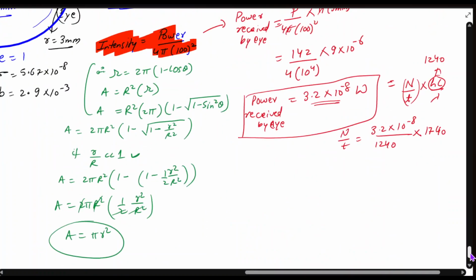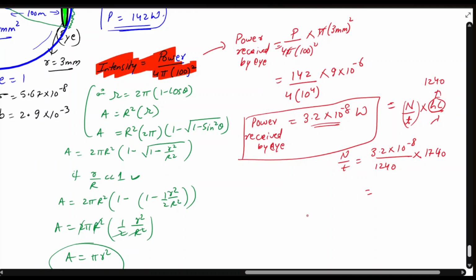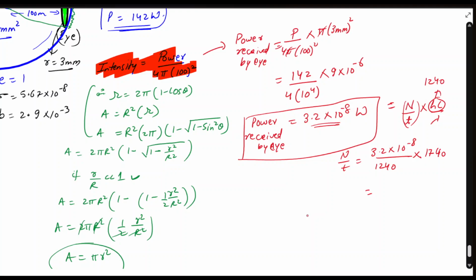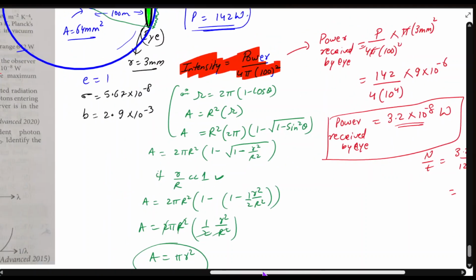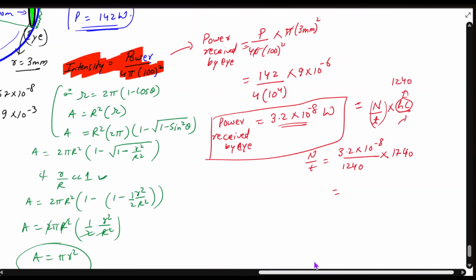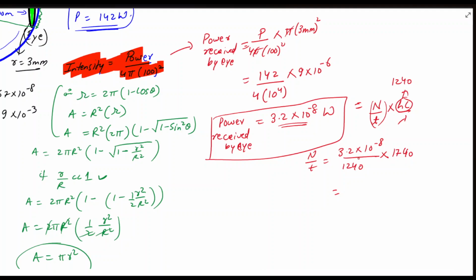So if I calculate it really fast, we will get 3.2 into 1740 divided by 1240.